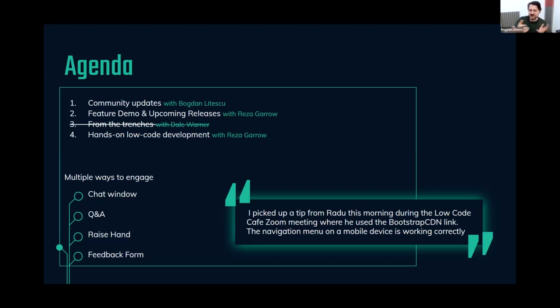And finally, the biggest chunk of this webinar is where we look at building a system with Plantain app, with low code, or how it was built, or looking at various patterns or techniques to build such systems. So make sure to engage with us in any way possible, chat, Q&A, and so on.